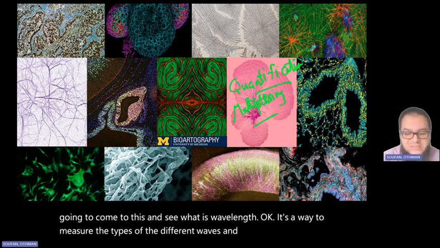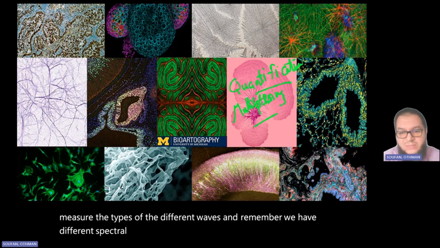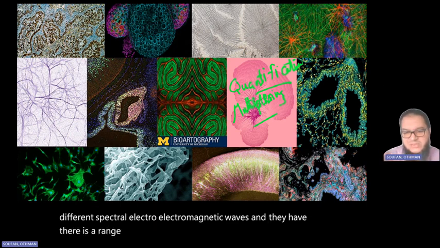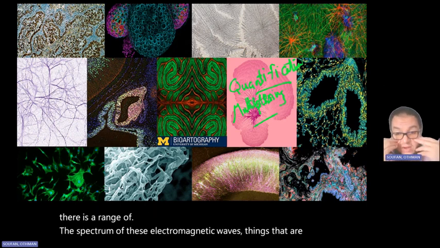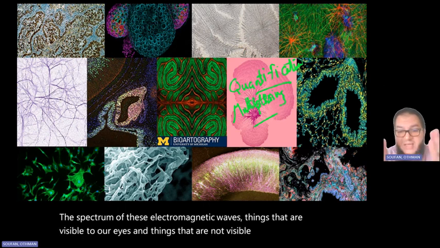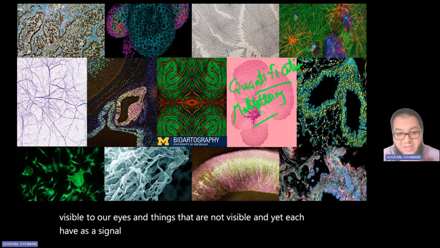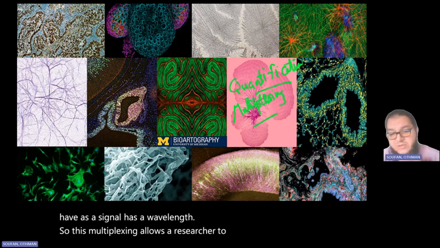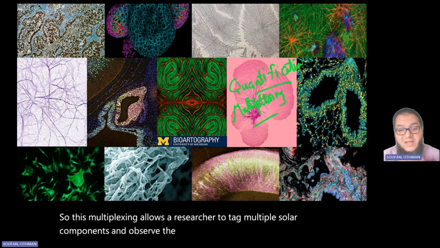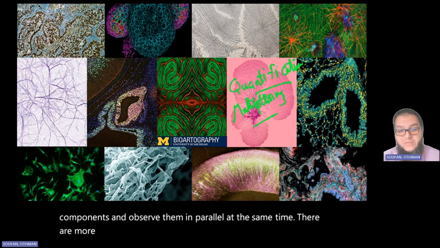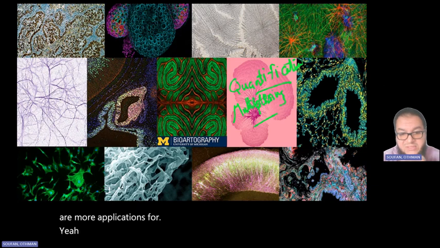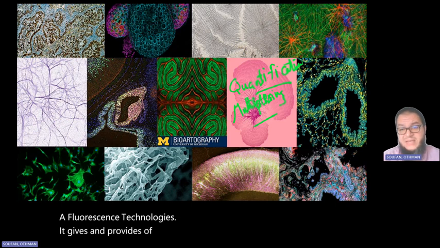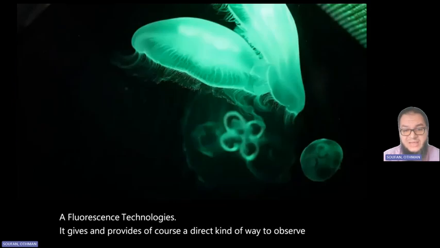And remember, we have different electromagnetic waves, and there is a range on the spectrum of these electromagnetic waves, things that are visible to our eyes and things that are not visible. And yet each, as a signal, has a wavelength. So multiplexing allows researchers to tag multiple cellular components and observe them in parallel at the same time. There are more applications for fluorescence technologies. It provides, of course, a direct way to observe what's inside the cell.